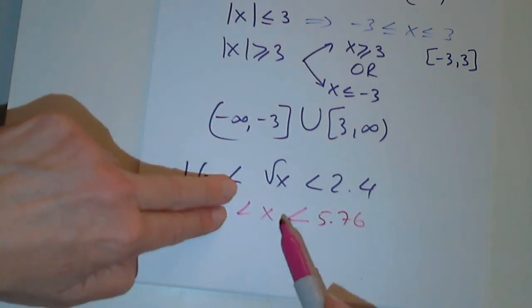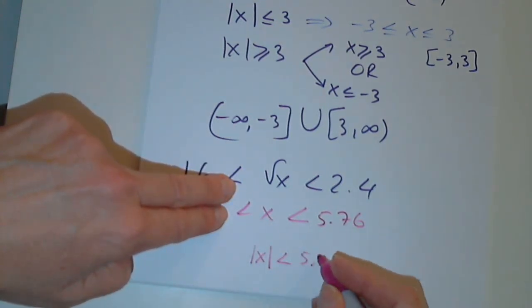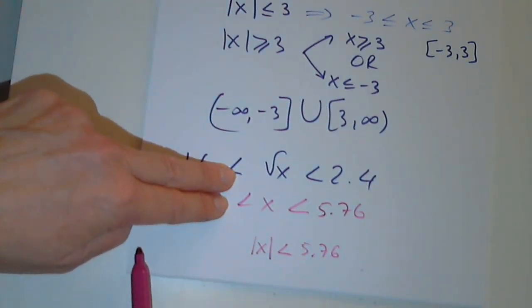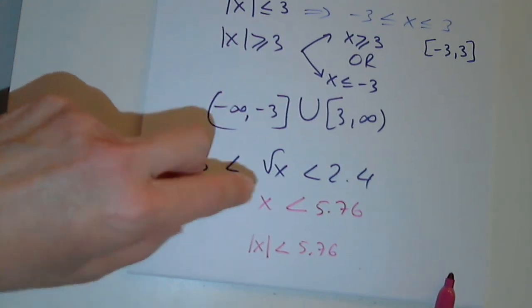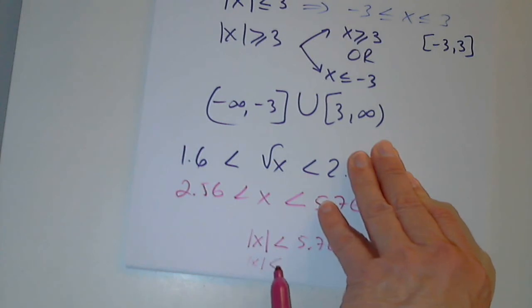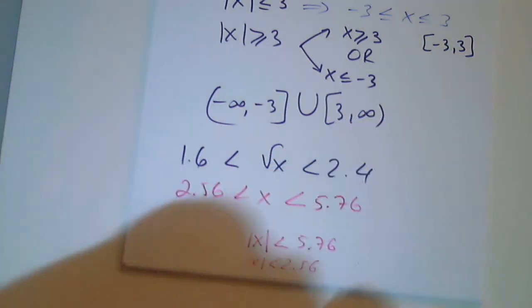We either choose the absolute value of x to be less than 5.76, which will give us between negative 5.76 and 5.76, or we choose the absolute value of x to be less than 2.56, which will give us between negative 2.56 and 2.56.